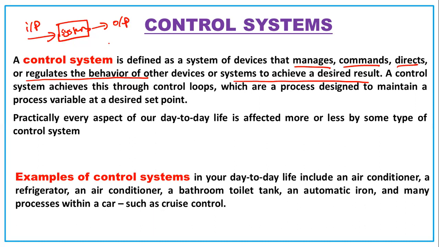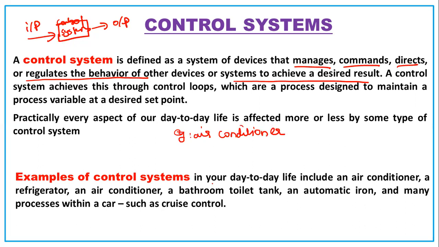That is what we call a control system. Practically every aspect of our day-to-day life is affected more or less by some type of control system. The best example I told you, air conditioner: how we increase or reduce the temperature, all these things.